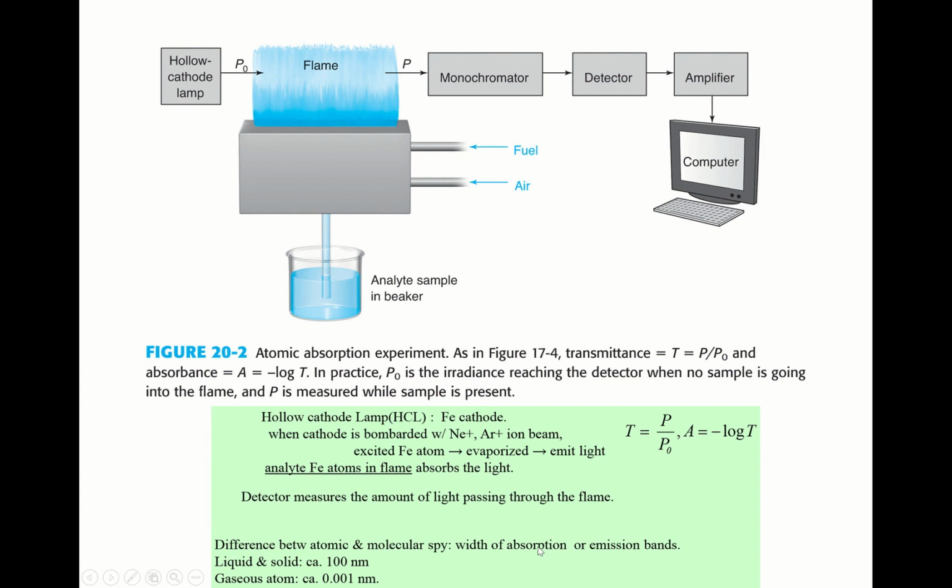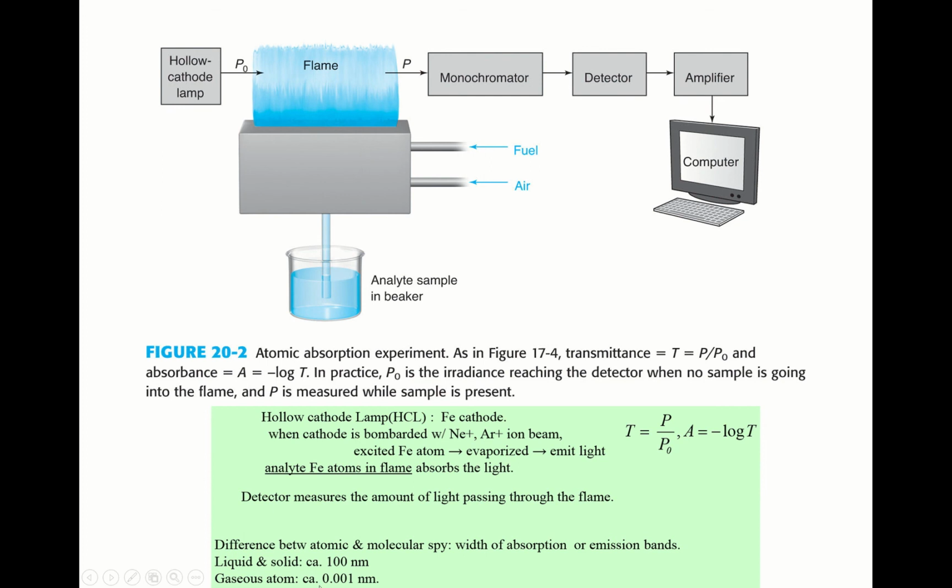Molecular spectroscopy, you measure the molecular spectrum. Since molecules are made of many atoms, usually the spectra are very broad. But in atomic spectroscopy, the spectral width is very sharp.